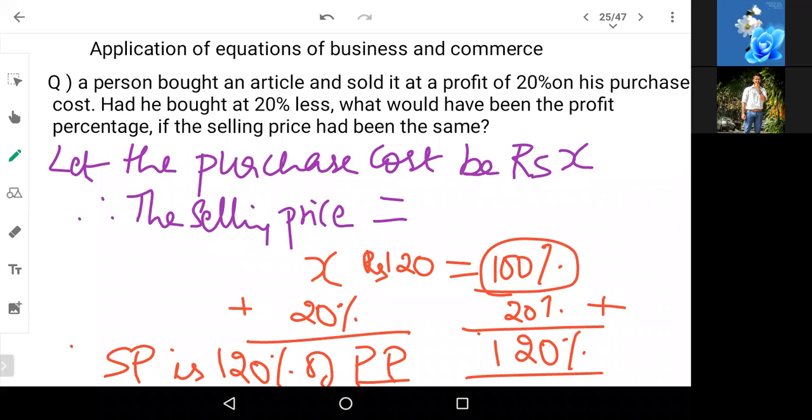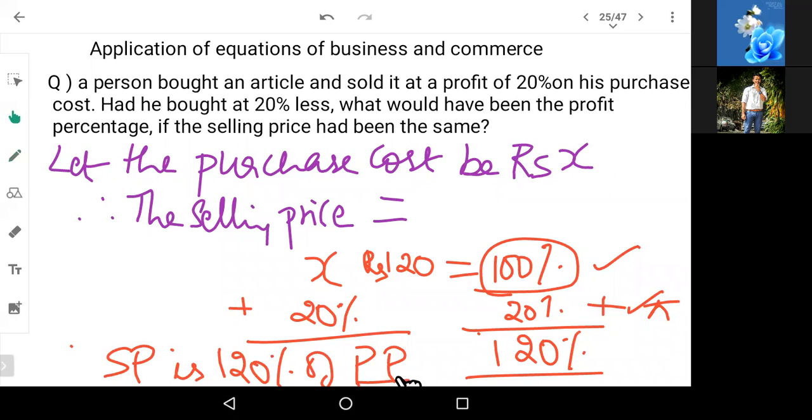I can say that, right? Because 100% of purchase price I have taken plus 20% of profit I have considered. So I can say this as 120% of purchase price.